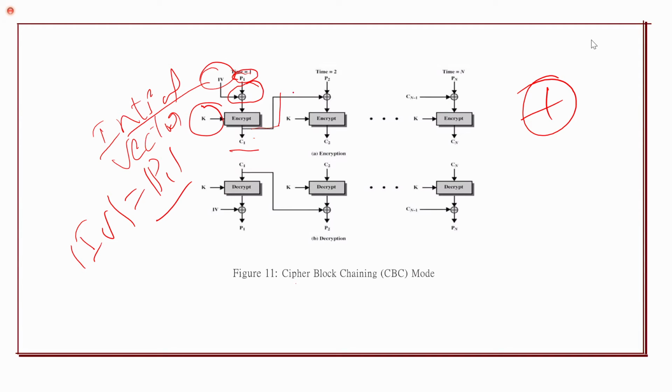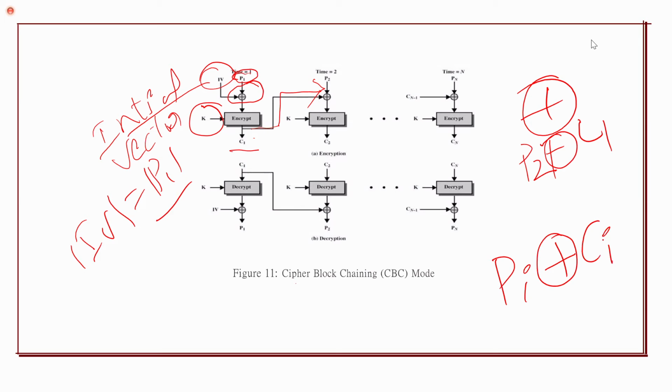That ciphertext is given as the input to block 2. In block 2, plaintext block P2 is XORed with C1. That means for a block Pi, Pi is XORed with Ci minus 1, and it produces the ciphertext.